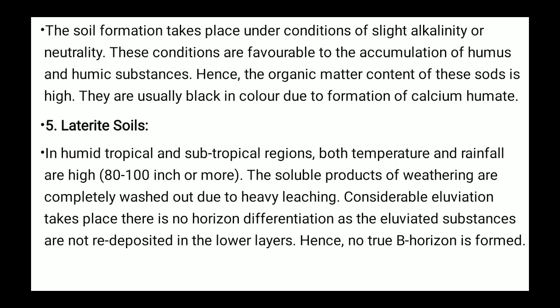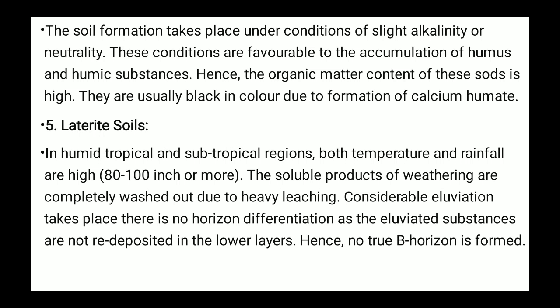Soil formation takes place under conditions of slight alkalinity or neutrality. These conditions are favorable to accumulation of humus and humic substances. Hence, the organic matter content of this soil is high and it is usually black in color due to the formation of calcium humate.